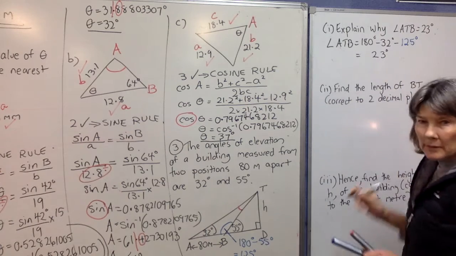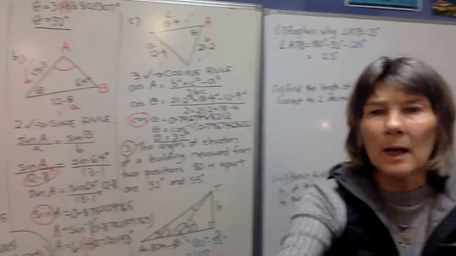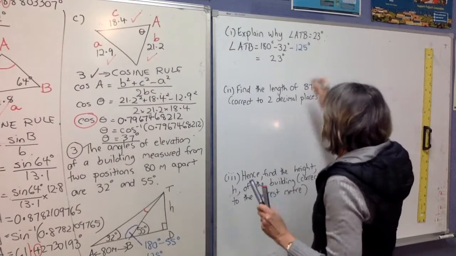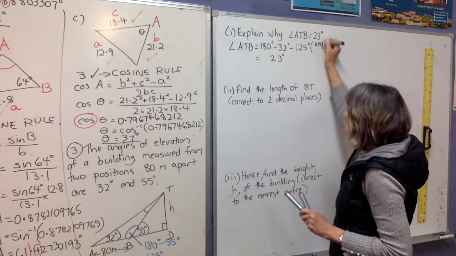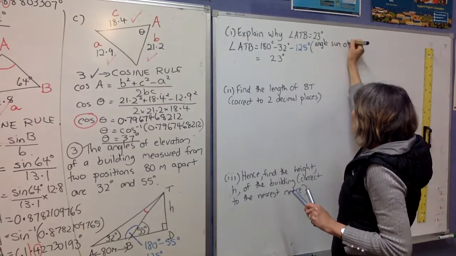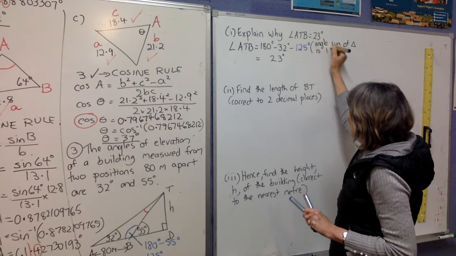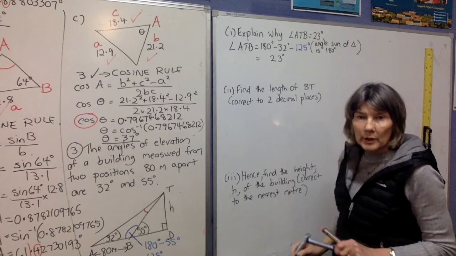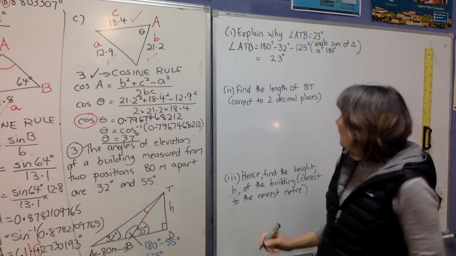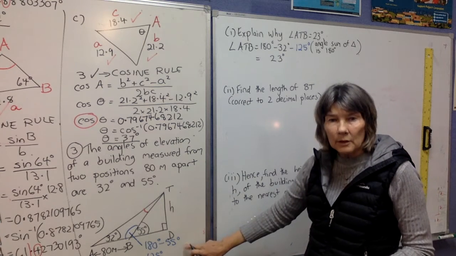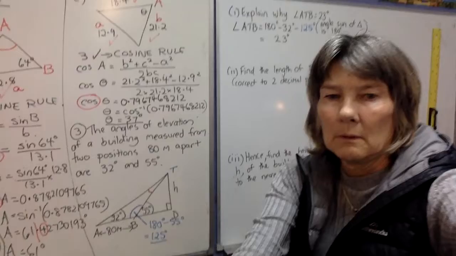Okay? Now, it does say explain why, so it's a bit like reasoning in geometry. You do have to give your reasons here. So for this one, it's angle sum of a triangle is 180 degrees. Make sure you give your reason for that. Down here, you should give a reason as well.